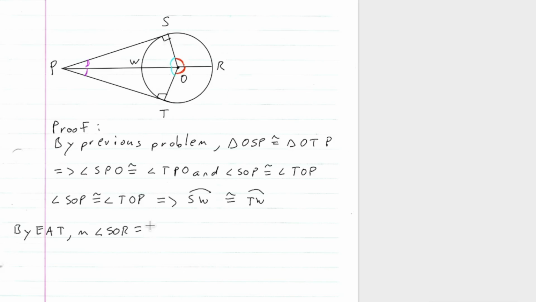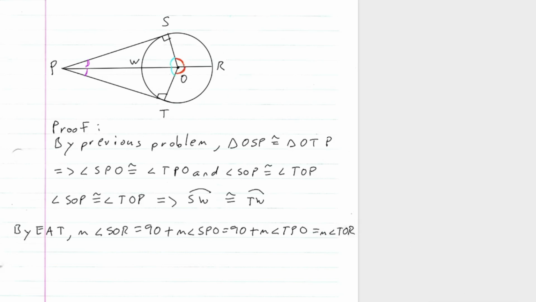So one of the remote interiors is 90, plus the other remote interior, angle SPO. Plus the measure of angle SPO. And of course, SPO is the same as TPO, so 90 plus the measure of angle TPO is the same thing as the measure of angle TOR. So this is equal to the measure of angle TOR.